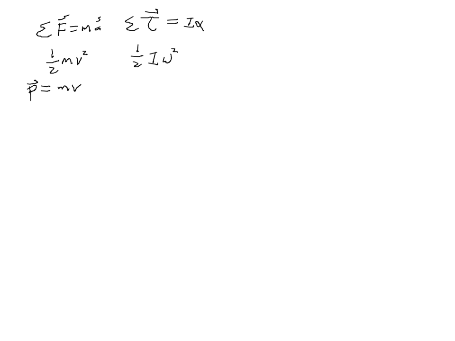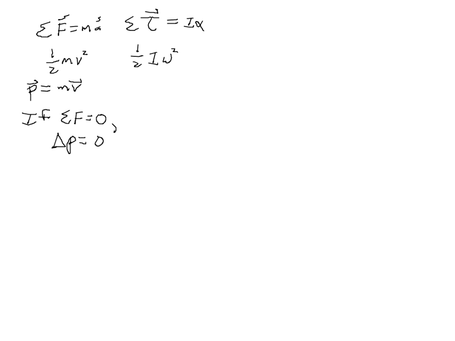Momentum was useful because if the net force on a system was zero, then there couldn't be any change in momentum of the system. Momentum was conserved if the net force was equal to zero.